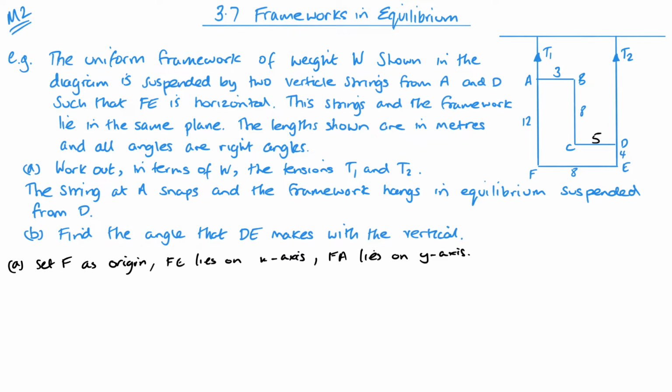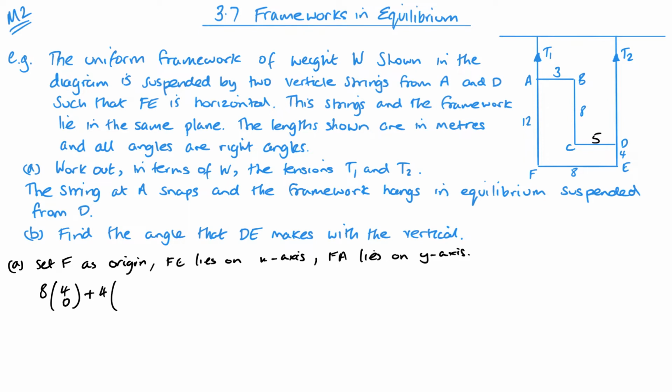I'm just going to go around from F in an anti-clockwise direction. So I'm going to do this one, this one, this one, this one, this one, and then this one. First we've got 8, and halfway across is 4 across, 0 up.